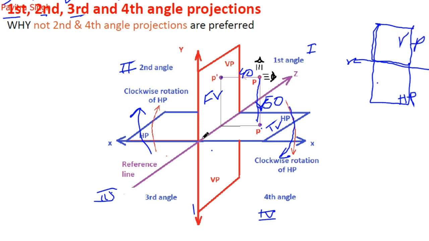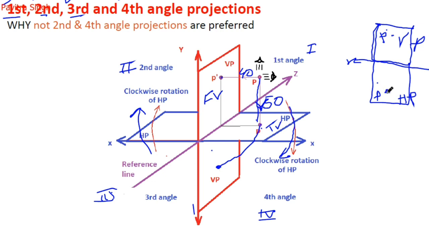If we rotate the horizontal plane in the clockwise direction, it will overlap the vertical plane in the lower part of the xy line. You can see this in the figure. This is the horizontal plane, and this is the vertical plane, which is above the xy line.